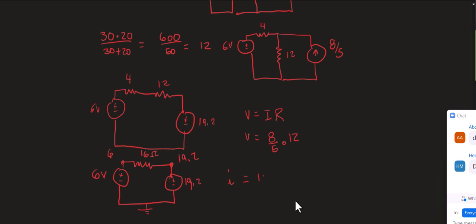I is going to equal 19.2 minus 6 over 16. So we take the voltage on the right-hand side minus the voltage on the left-hand side and divide by the resistance. And I get that the current is 0.825 in this direction.